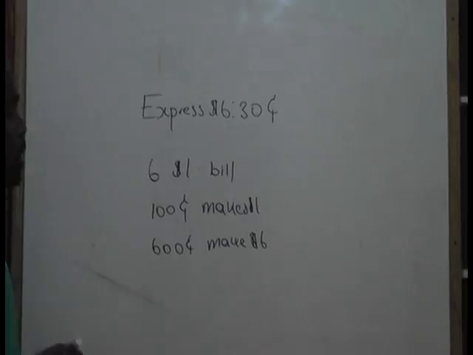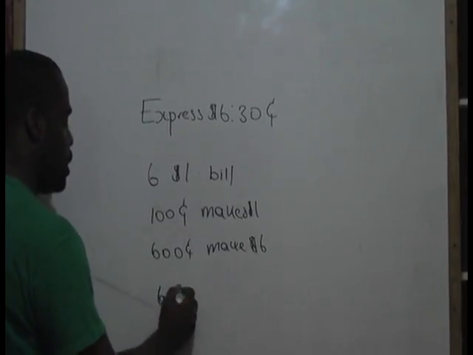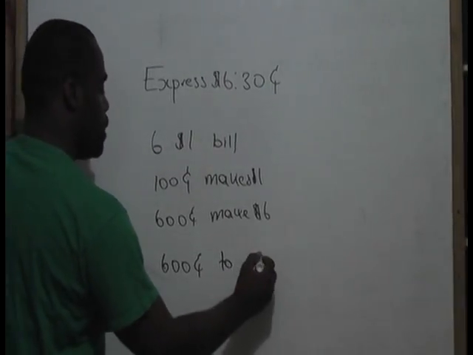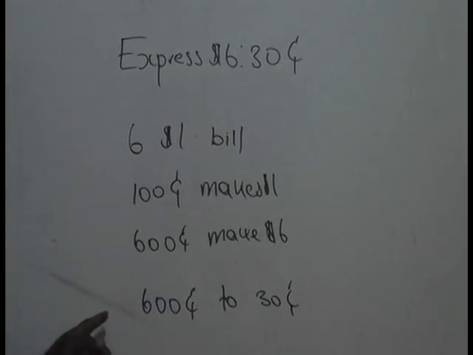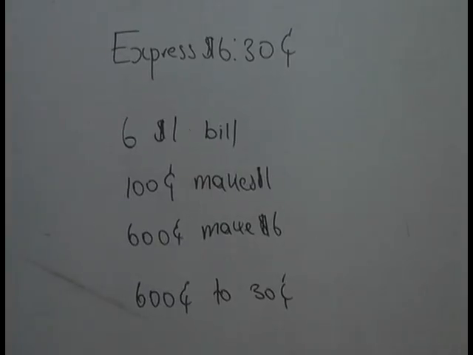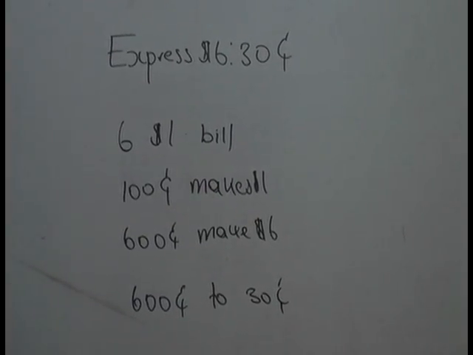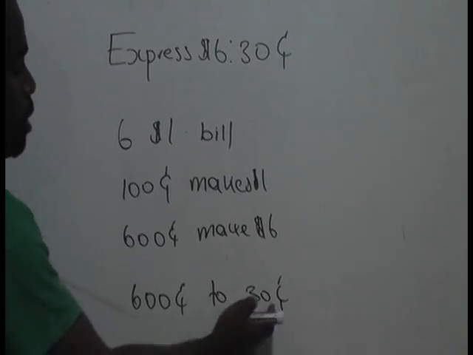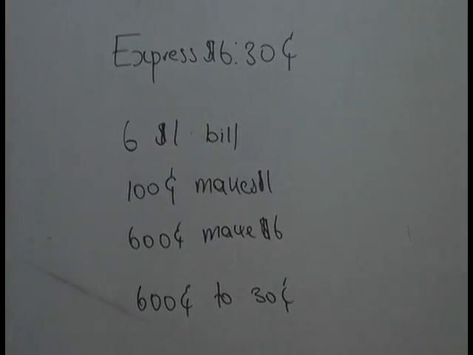All right. So we are comparing 600 cents to 30 cents, and we're asked now to express this ratio in its lowest terms. Now, what you can do, you have to first find what numbers can go into both of them without leaving a remainder.